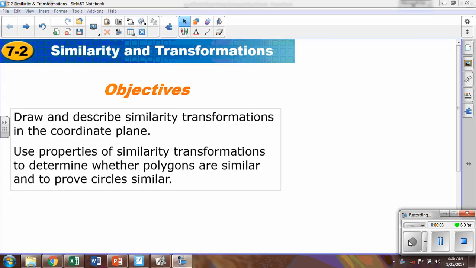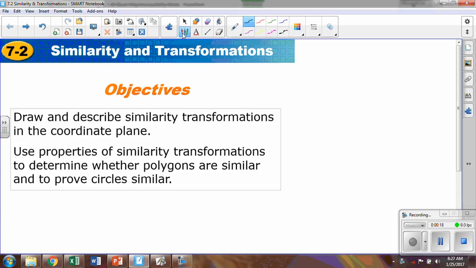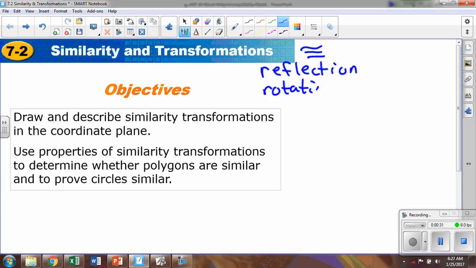In today's lesson, we're going to focus on similarity and transformations. And this is very, very similar to some of the work that we were doing back in the first quarter. In particular, when we started off working with congruence, we saw that we had those three congruence transformations, where you could have a reflection, you could have a rotation, and you could have a translation.